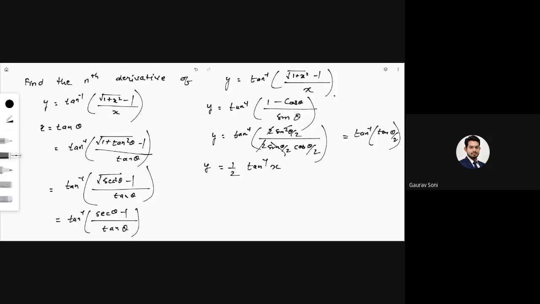Right? Just now we have seen a formula. If y is equal to tan inverse of x by a, then yn is something.